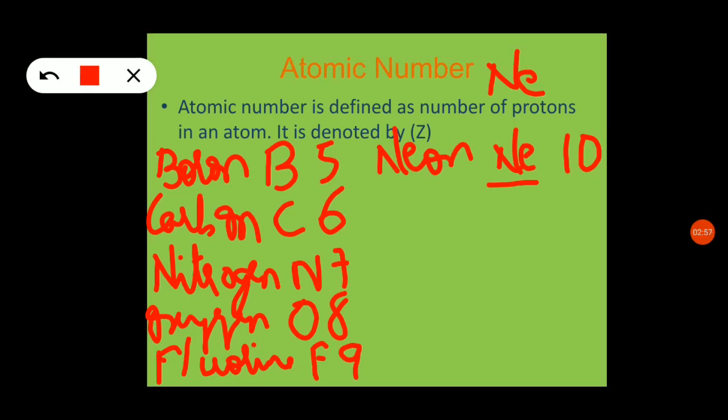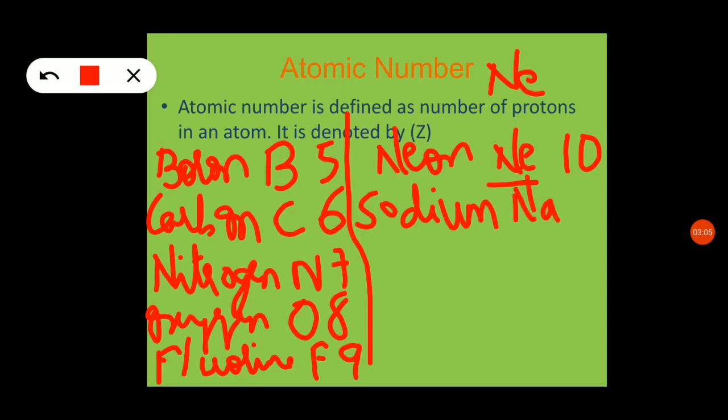Next element is sodium. Sodium symbol is Na and the atomic number is 11. Next is magnesium. Magnesium symbol is Mg and the atomic number is 12.